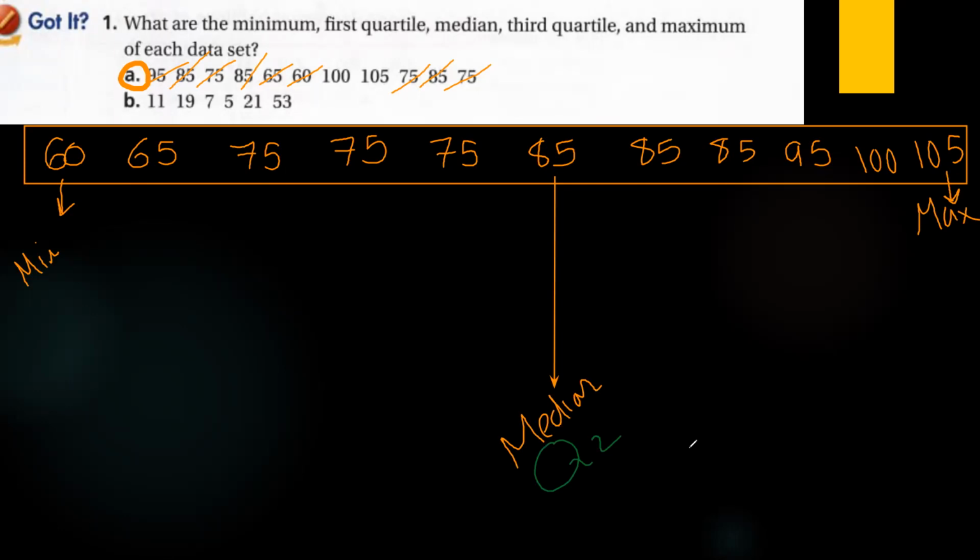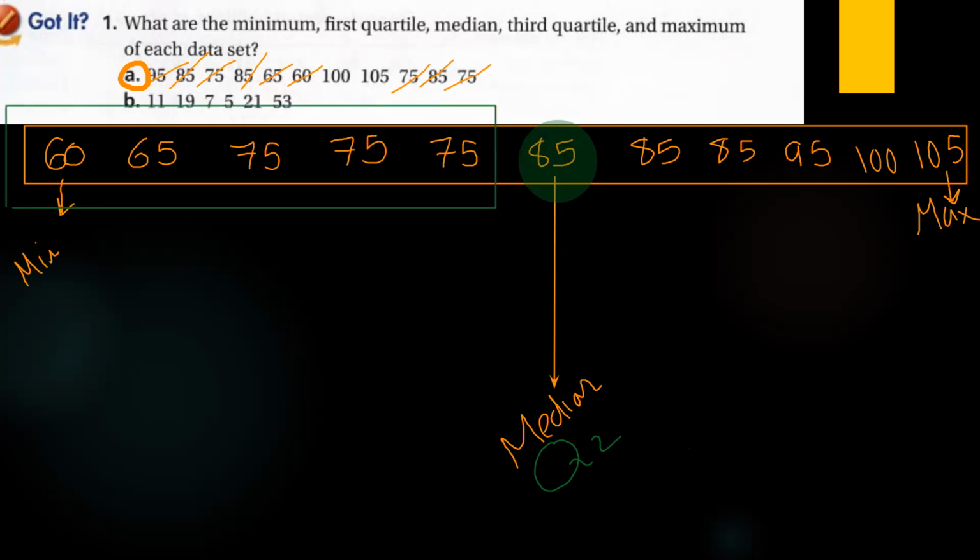Now, when we come to find the median for the first part, since we used 85, we have to use all of these numbers except 85, because 85 is used.